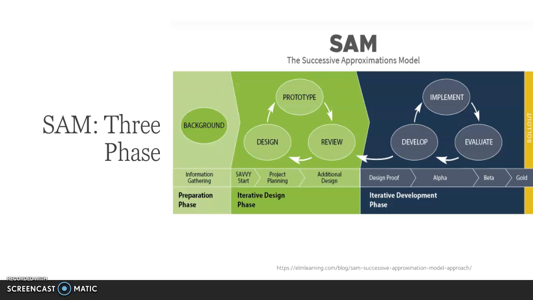Those are the alpha version, the beta version, and the gold version. The alpha version is the first complete version of the solution, which is fully functional. The beta version is modified by correcting errors and omissions in the alpha version, and the gold version, the gold standard, is the version that doesn't require any fix or enhancement.